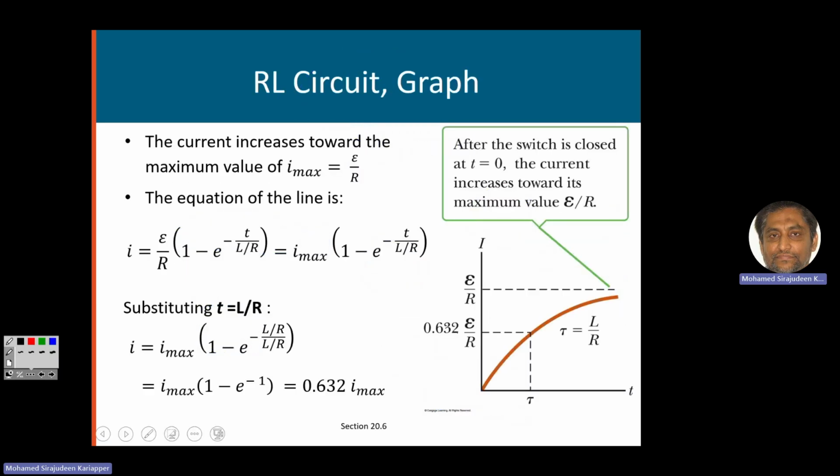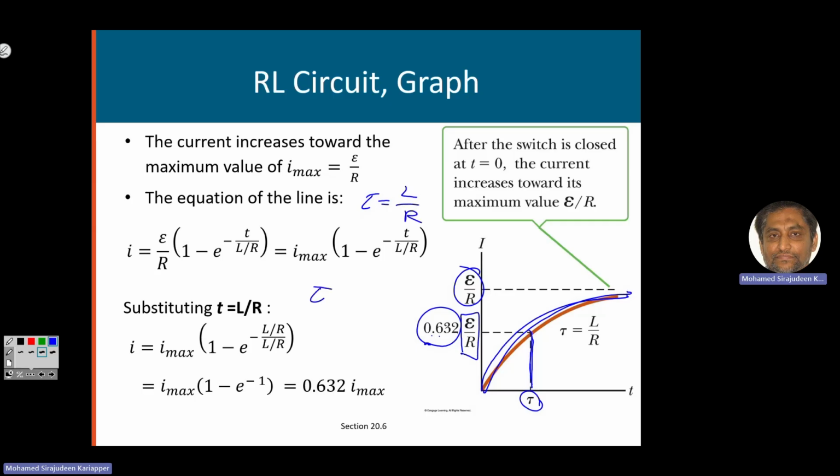So this is the graph, okay? You don't get the final current value at once, it will take some time. The time when it reaches 0.632 of the final value is called the time constant. The symbol is again tau, same as the RC, the capacitor time constant. But the value is L over R.